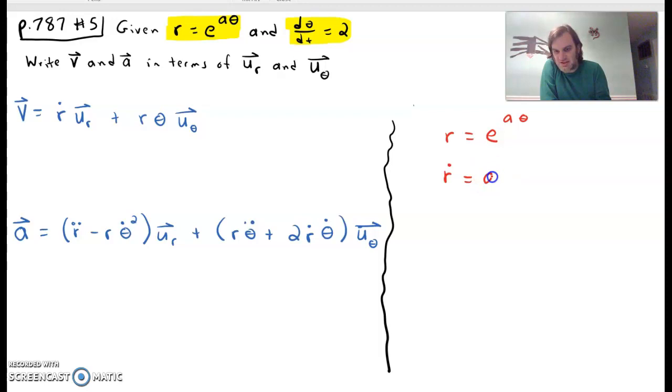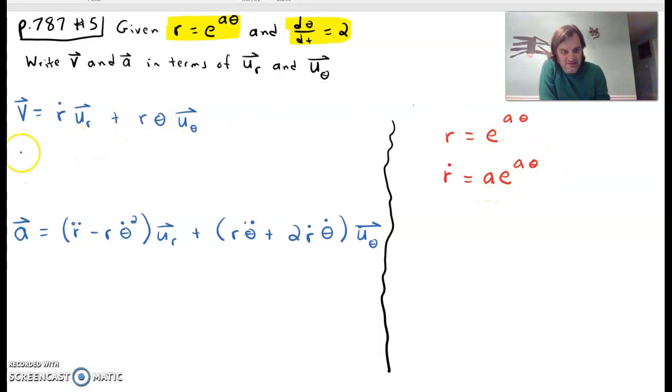R prime equals a e to the a theta. So a little chain rule where the u is a theta, and derivative of that is a, comes out front.